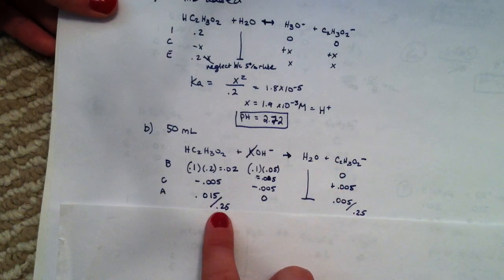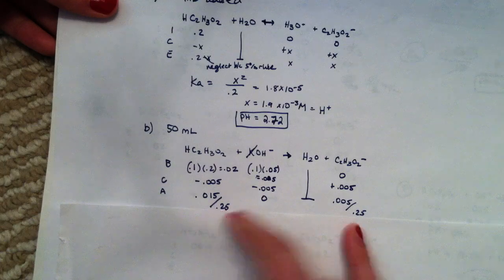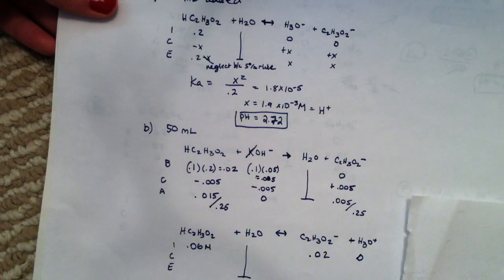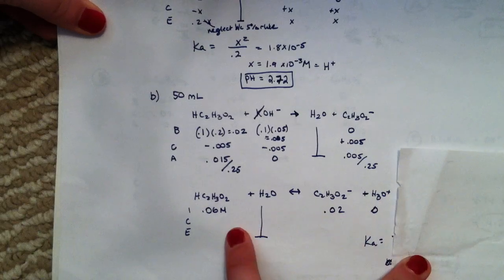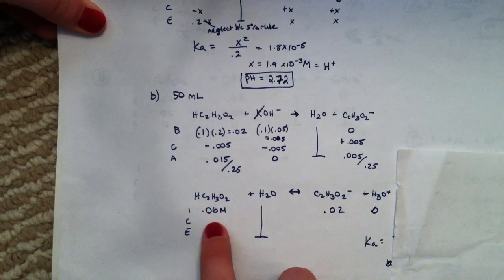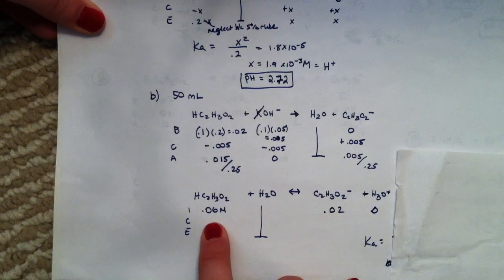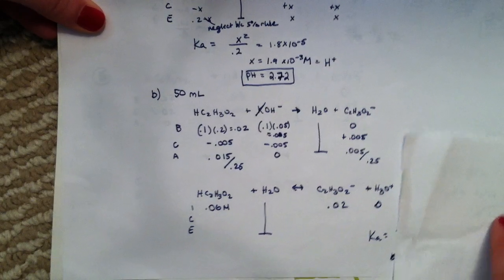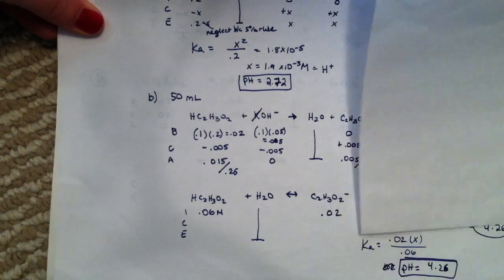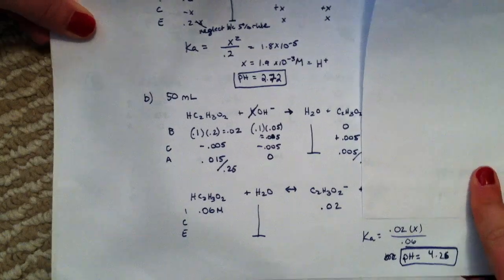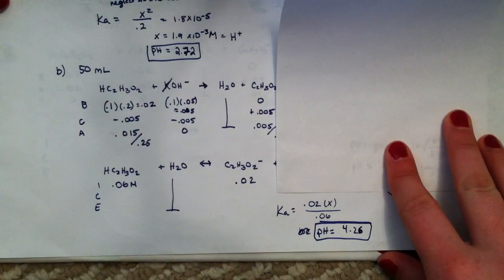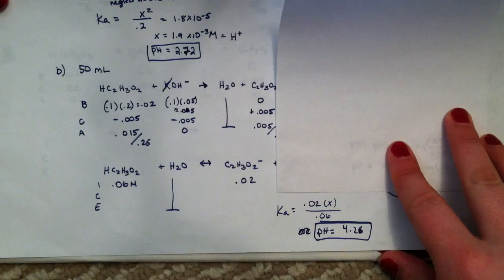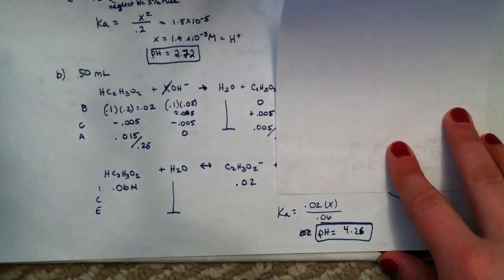Okay, so we divide by the total liters, and you can ICE. We would lose x here, and we gain x here and lose x from the acid side. We would, of course, neglect those x's, and we would end up with this expression and the negative log, solve for H, and we would get the negative log, and then we get 4.26.